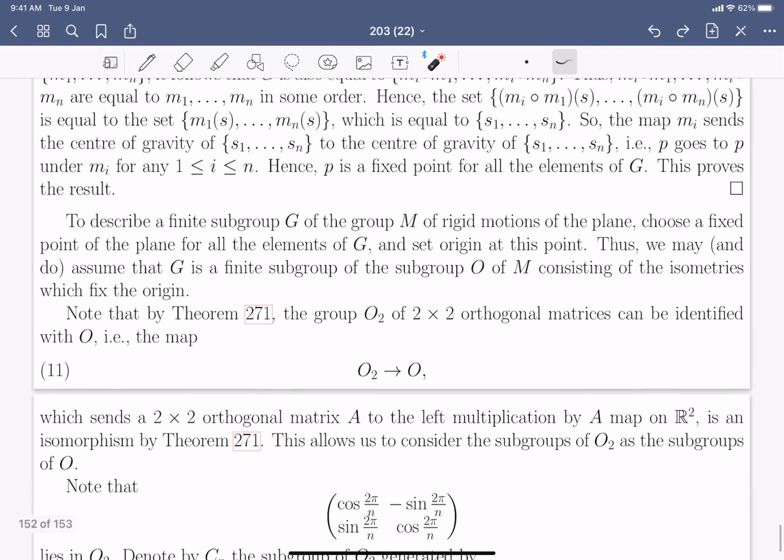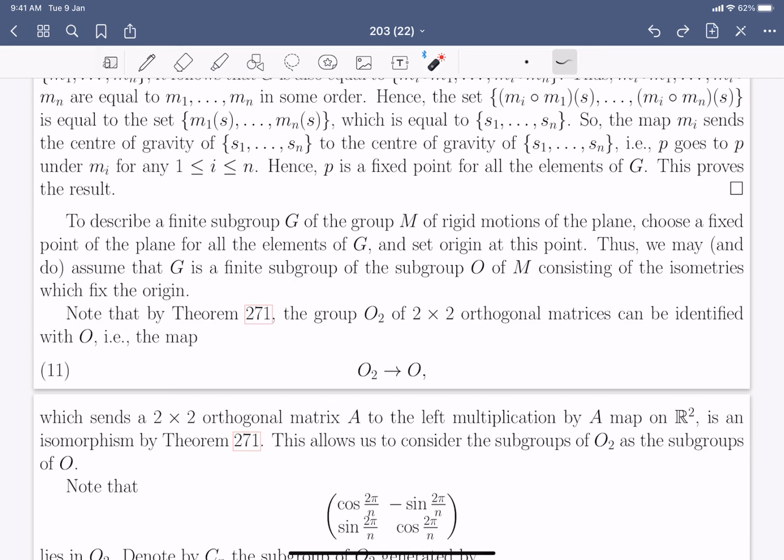To describe a finite subgroup G of M, first we pick a fixed point, and we set the origin at that point. In other words, we may assume that G is a finite subgroup of the subgroup O of M that consists of the isometries of R2 which fix the origin.